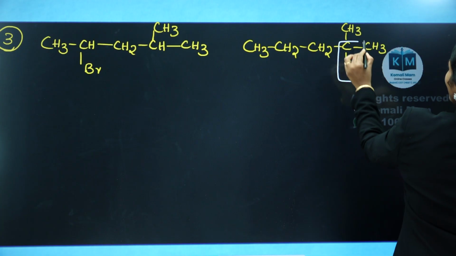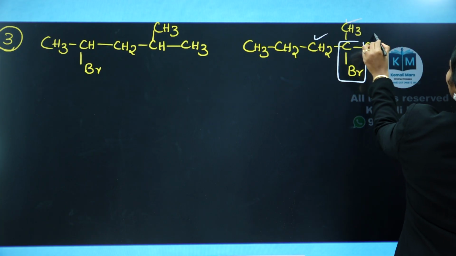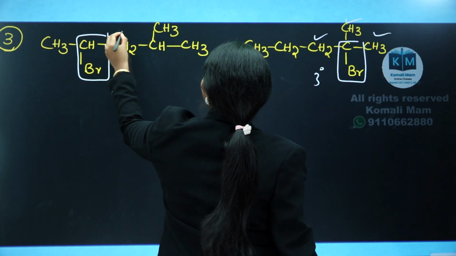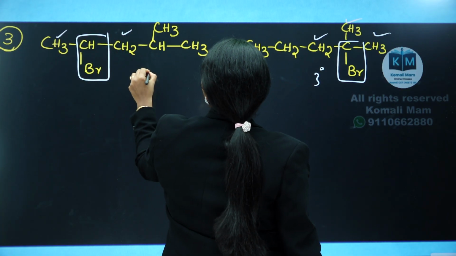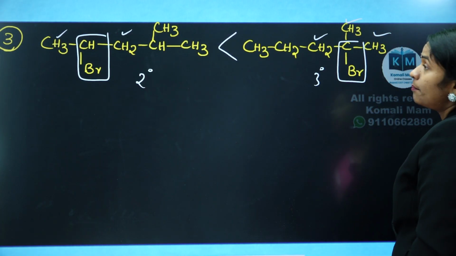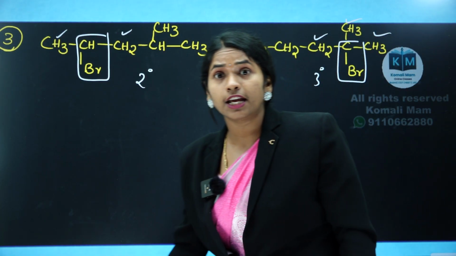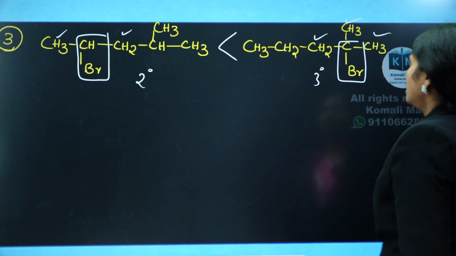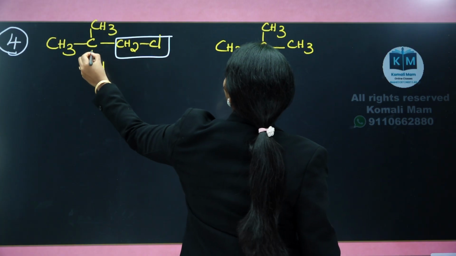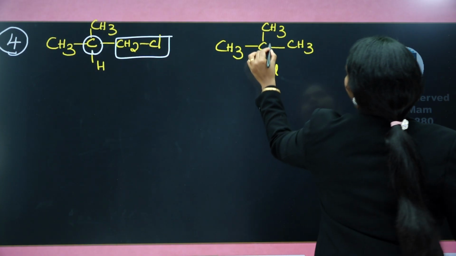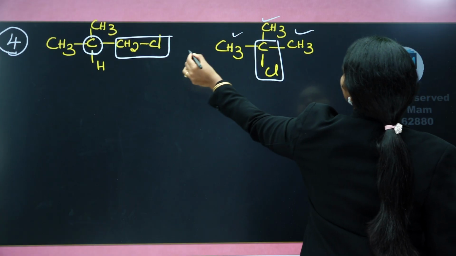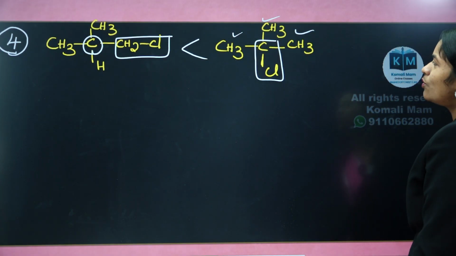Halogen connected carbon connected with 1, 2, 3, tertiary. Halogen connected carbon connected with 1, 2, secondary. Which is more reactive towards bimolecular elimination reactions? Can you tell me? This one. Second, tertiary. See here, halogen connected carbon connected with only one. Halogen connected carbon connected with 1, 2, 3, which is more reactive towards E2 reactions.